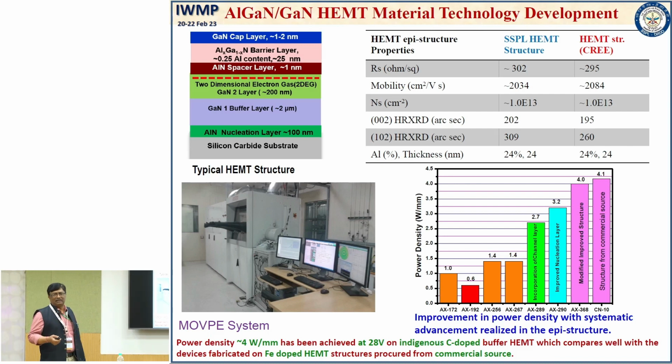Iron doped buffers are better than carbon doped buffers in terms of traps and high frequency performance. So, now we are in the process of introducing iron in our system to have better performance, but routinely we are growing these structures and achieving power of 4 watt to 5 watt per mm at 28 volt.